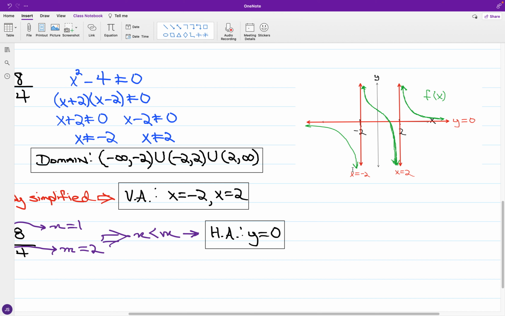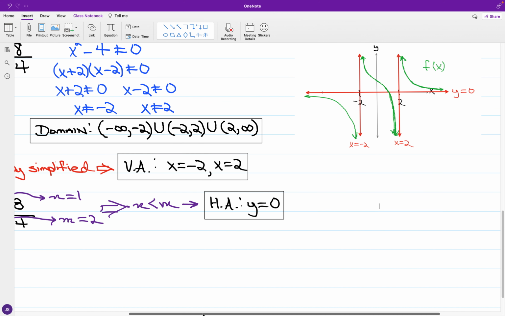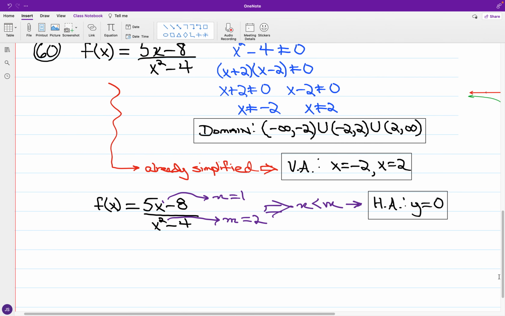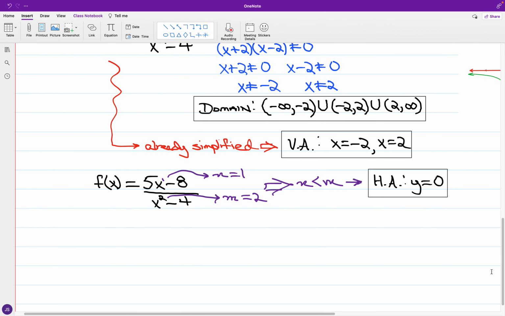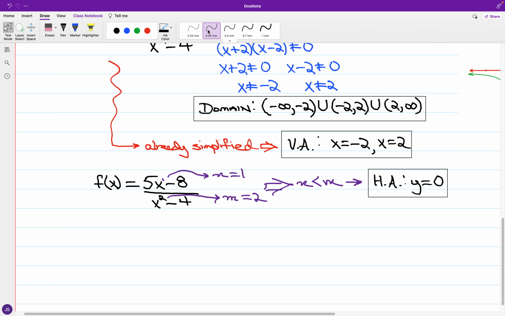All right, now for 59 and 60, we had the denominator consist of a difference of squares. And we also had the numerator to be 1 degree less than the denominator.